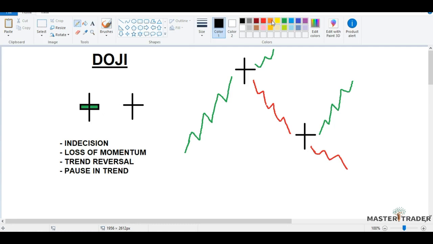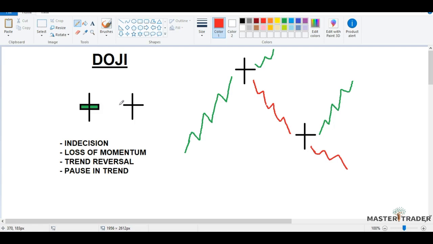And the reason it looks like this is because of the way it is formed. Now, generally you will see dojis like this, where the opening price is equal to the closing price. But you might also see sometimes where the opening is very close to the closing, almost equal.